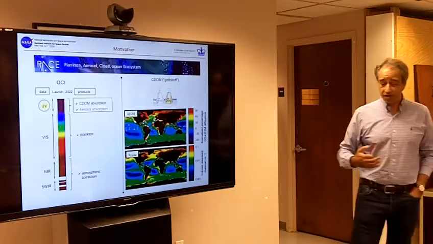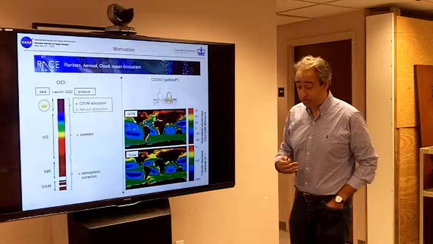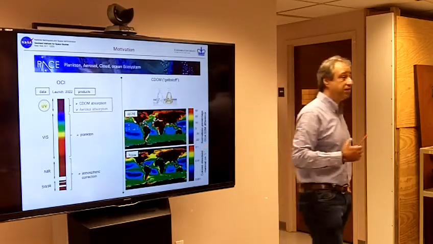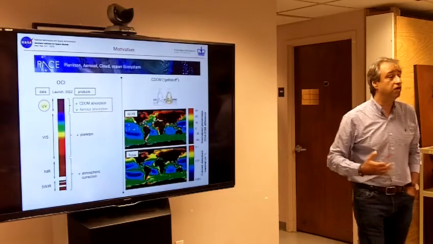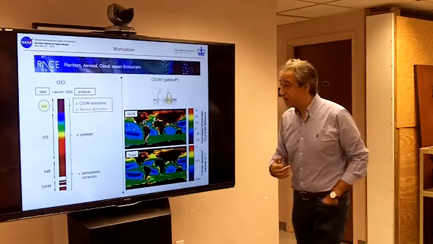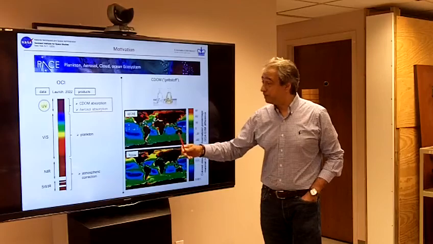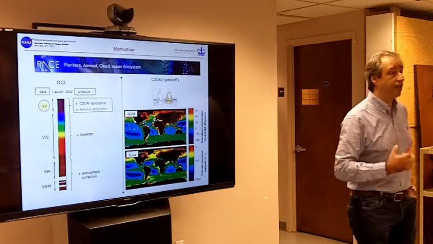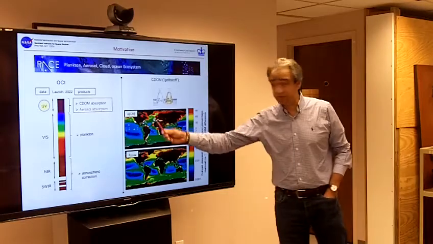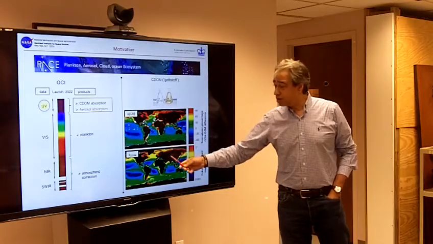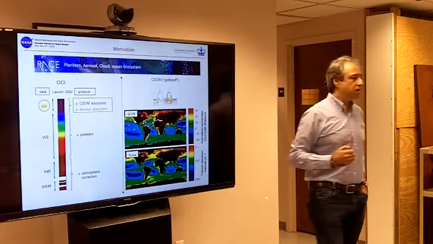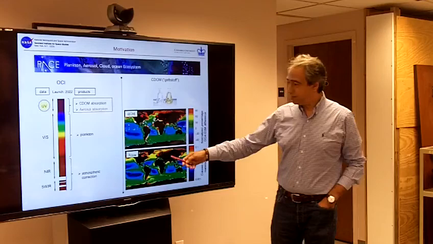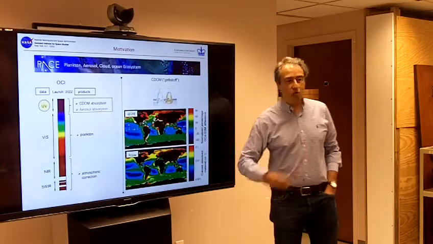Chlorophyll is a pigment that is contained by phytoplankton, so chlorophyll concentration can be seen as a proxy for the amount of plankton particles in the ocean. And you can see that there are differences between two different retrieval algorithms, and it appears that those differences correlate very well with another algorithm that is retrieving CDOM. And so we don't know which one is correct.